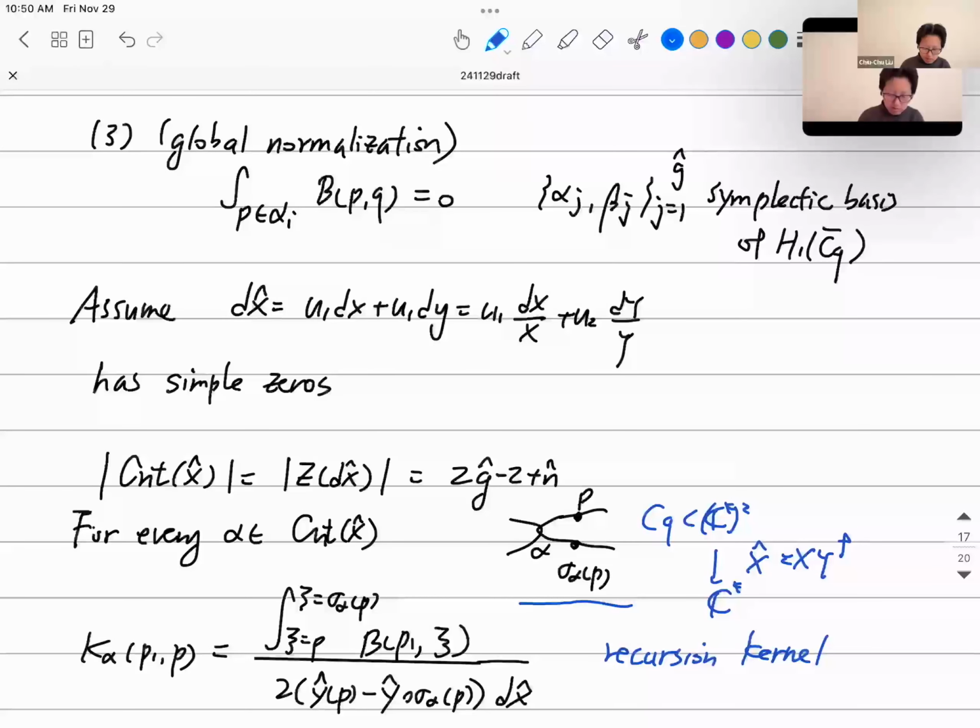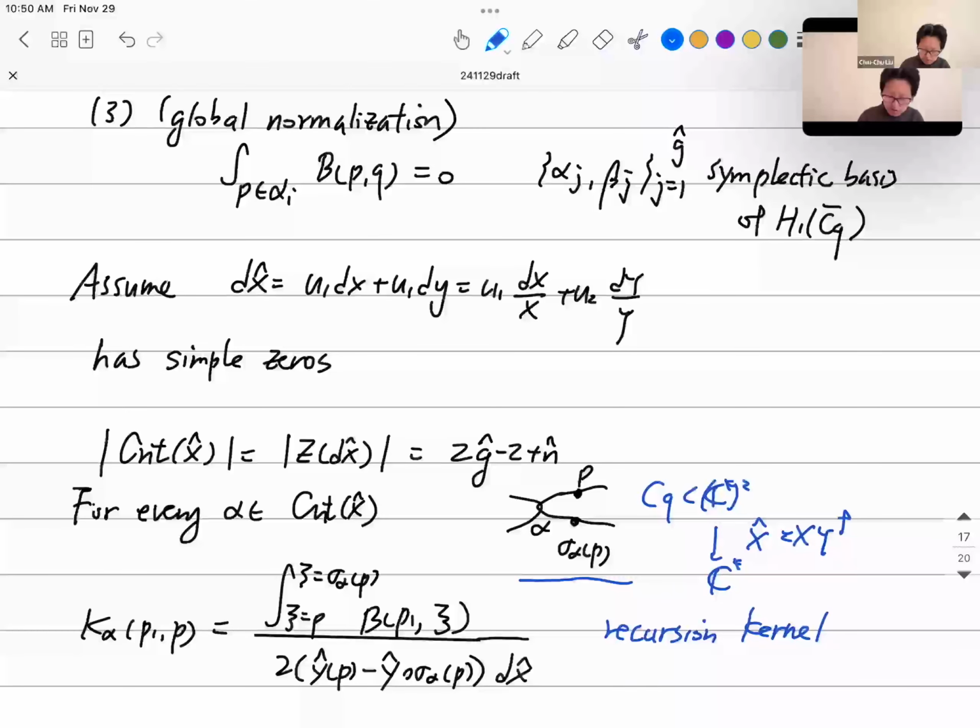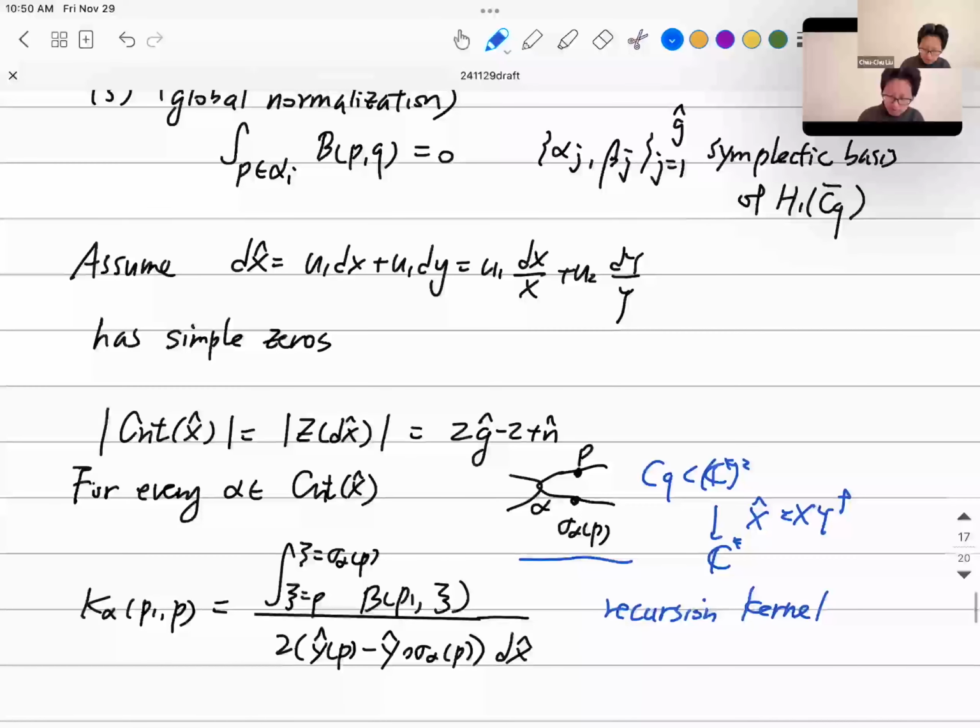So we choose a generic F such that this X hat is holomorphic, so all the branch points are simple. Then the number of branch points will be equal to the negative of the Euler characteristic of the curve.